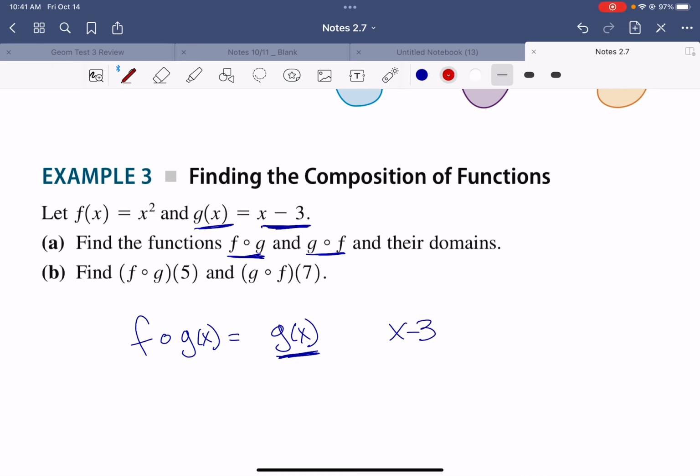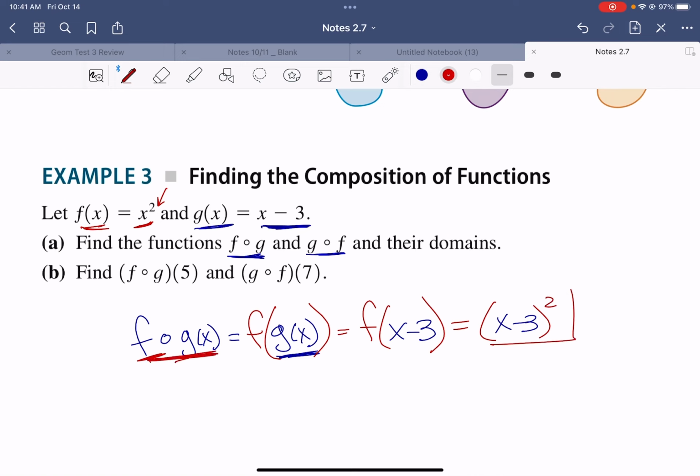And then you plug that output into f. So I take f of that answer. And what does f do to things? Well, it takes whatever you give it and squares it. So it takes what we give it, x minus 3, and it squares it. So that would be your function f of g of x. It's this.